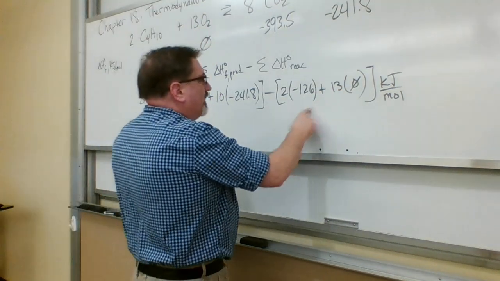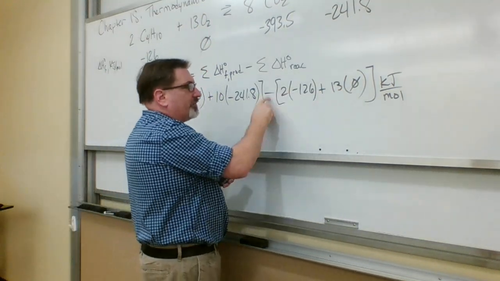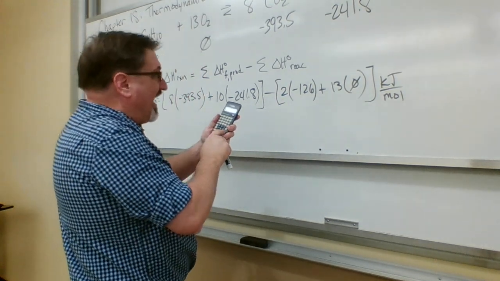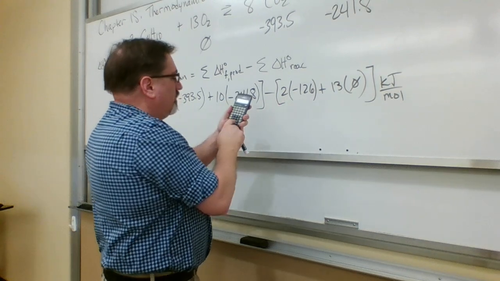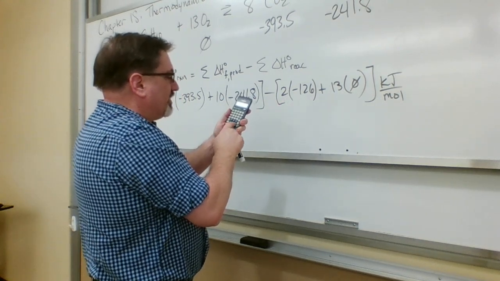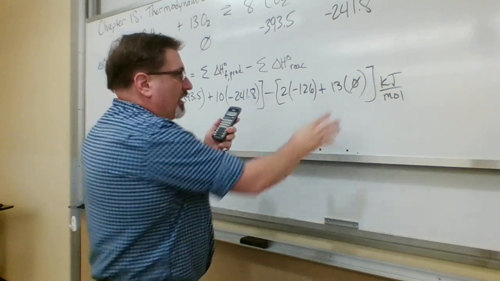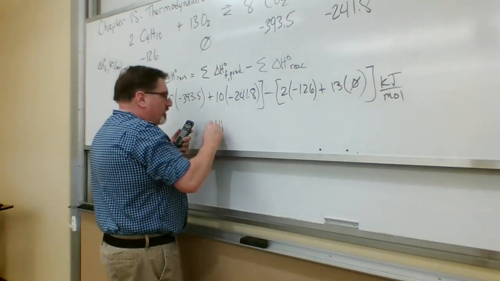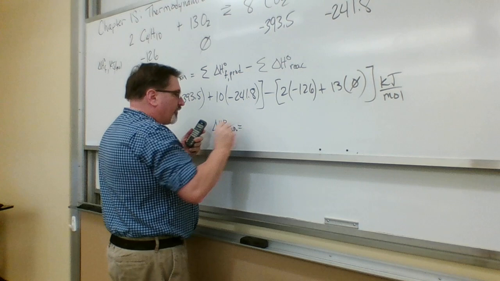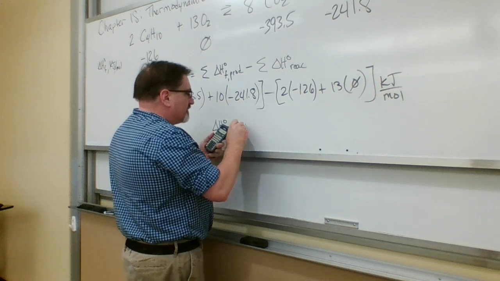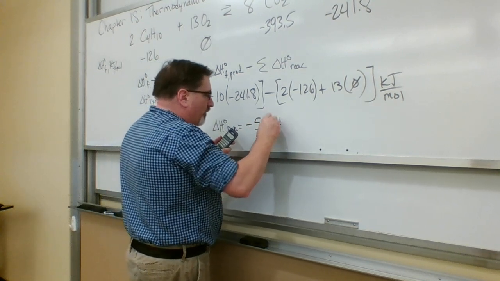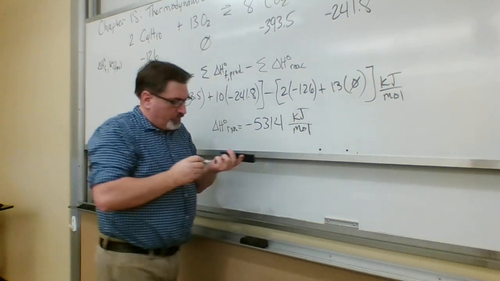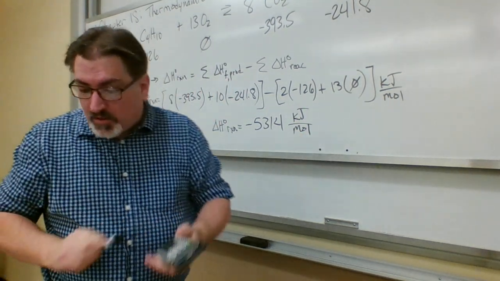Now when I go through here, I know that the sign flips for everything. So I take my minus 5566 and add 2 times 126. I don't have to do anything for that term. So delta H of reaction for this process is minus 5314 kilojoules per mole. That unit can also be troublesome.